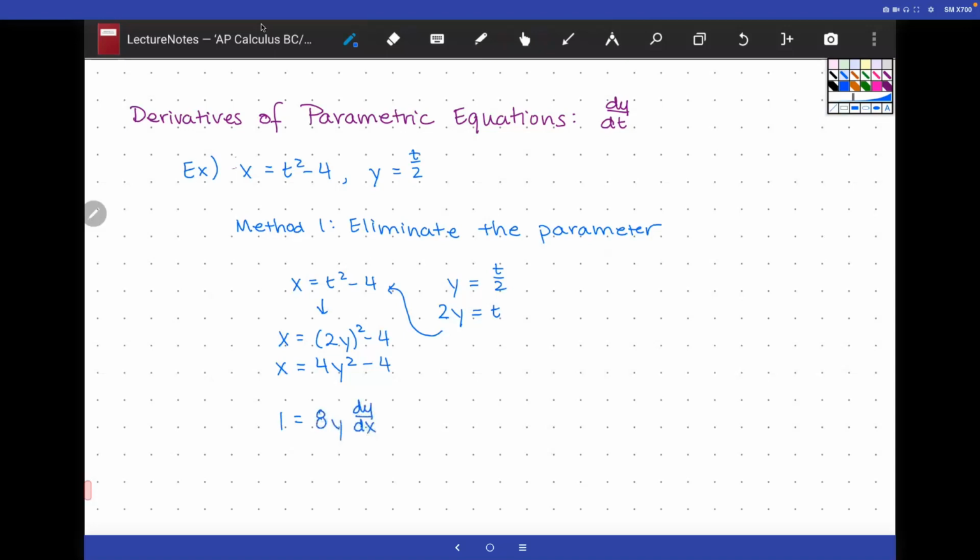Take the derivative of negative 4, that's 0. Solve for dy dx, and you get 1 over 8y. So that's method 1, eliminating the parameter.